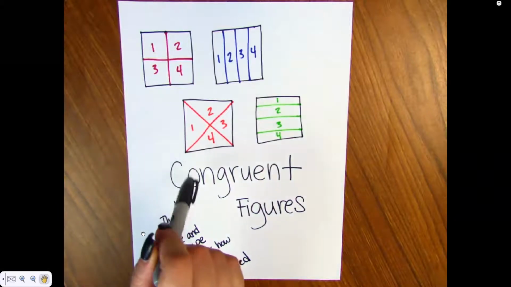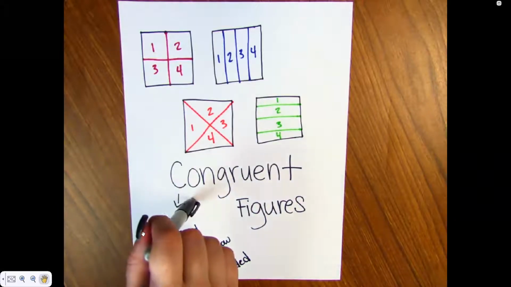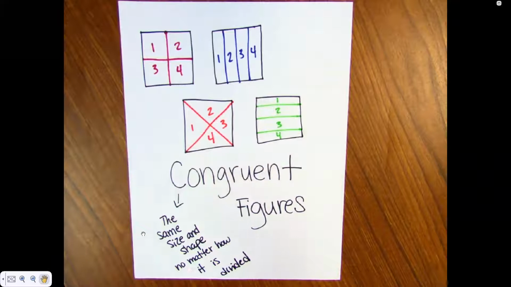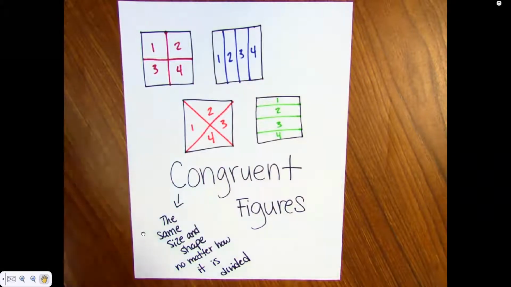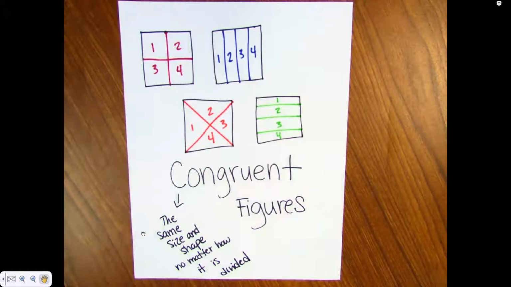Okay, so we are going to start learning today and tomorrow. We're going to be working on congruent figures, and we are going to be working on how to divide those congruent figures into a certain number of sections. Okay, so this should be pretty easy, I think.